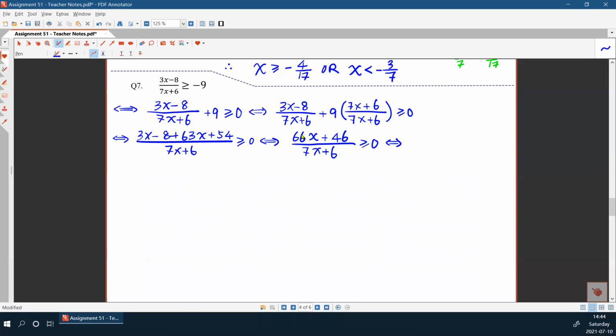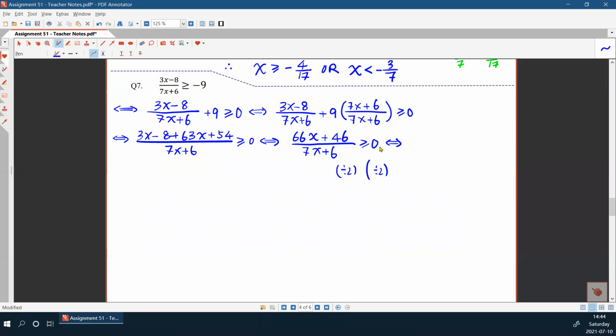And note here, 66 and 46, there is a common factor 2, right? So we can divide both sides using a 2. And because 2 is positive number, when you divide both sides using a positive number, we don't change direction of an inequality symbol, right?